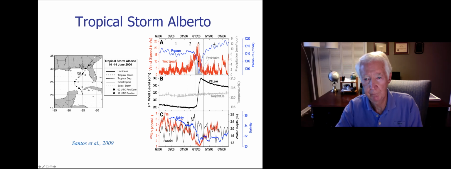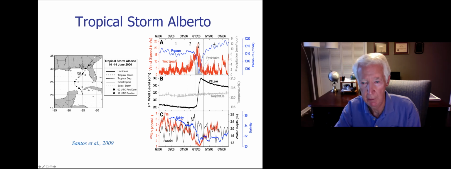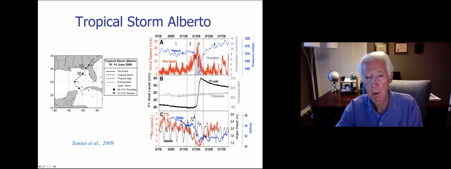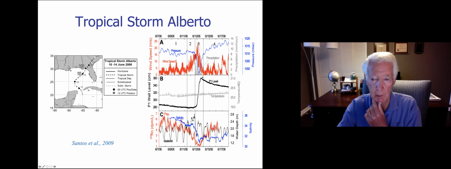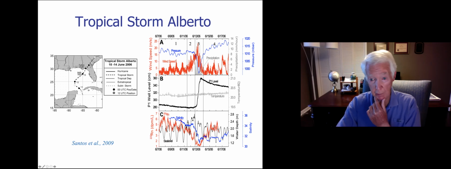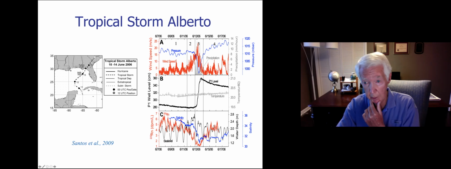The wind went up to almost 50 miles per hour. All the rain was during this period. The atmospheric pressure dropped substantially. We had a monitoring well. The level went up by 80 centimeters very, very quickly. After the rain stopped, it only slowly went down, something like 4 or 5 centimeters a day.